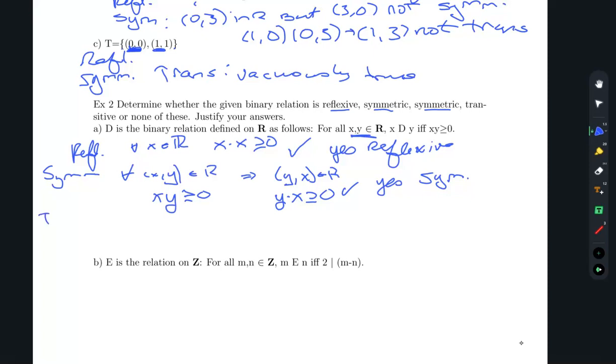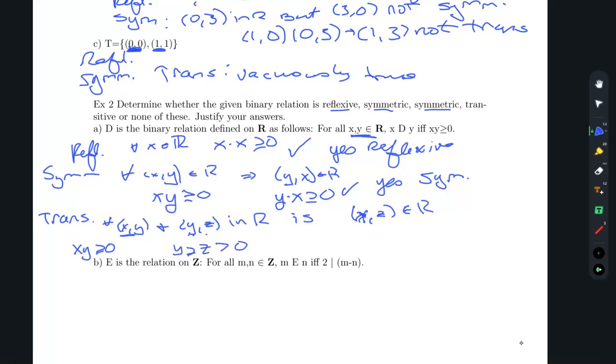Okay, so let's check transitive. This says for all the x, y and y, z in R, is x, z in the relation? So if x is related to y, that means xy is bigger than or equal to 0. This means yz is bigger than or equal to 0.